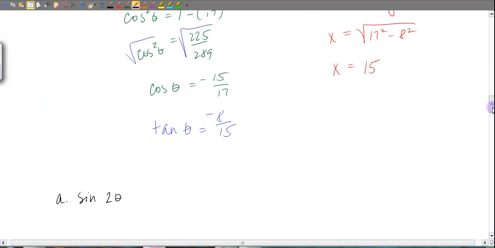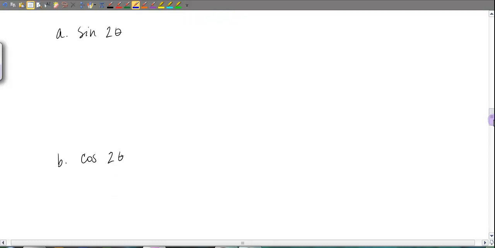Okay, so we have all the components that we need to be able to figure out sine, cosine, and tangent of 2 theta. Let's do the first one together. The sine of 2 theta is 2 sine theta cosine theta.